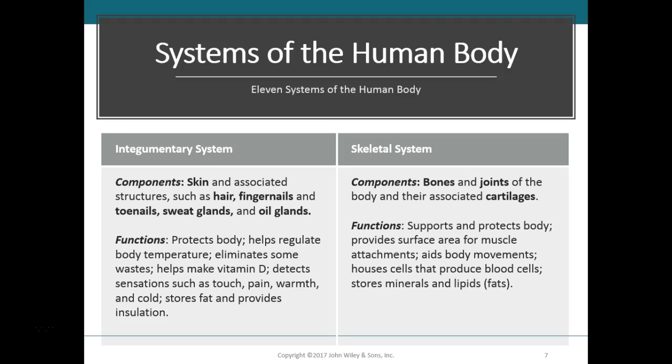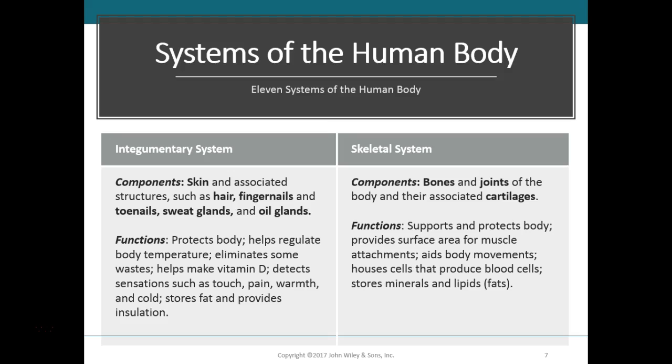Within the skin, we have receptors, nervous tissue receptors that detect things such as touch and pain, changes in temperature, and also within the skin we store fat, and that helps to provide some insulation and help us to keep that temperature regulated. The skeletal system is made up of bones and joints.